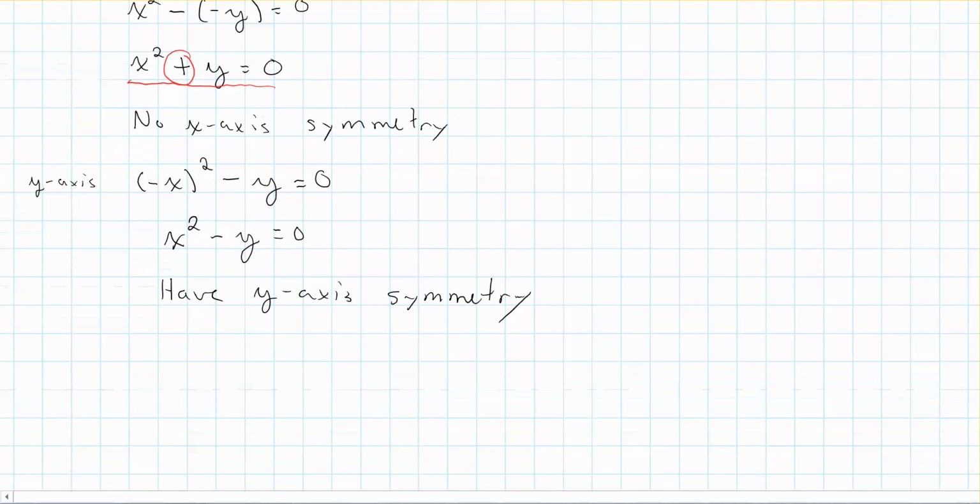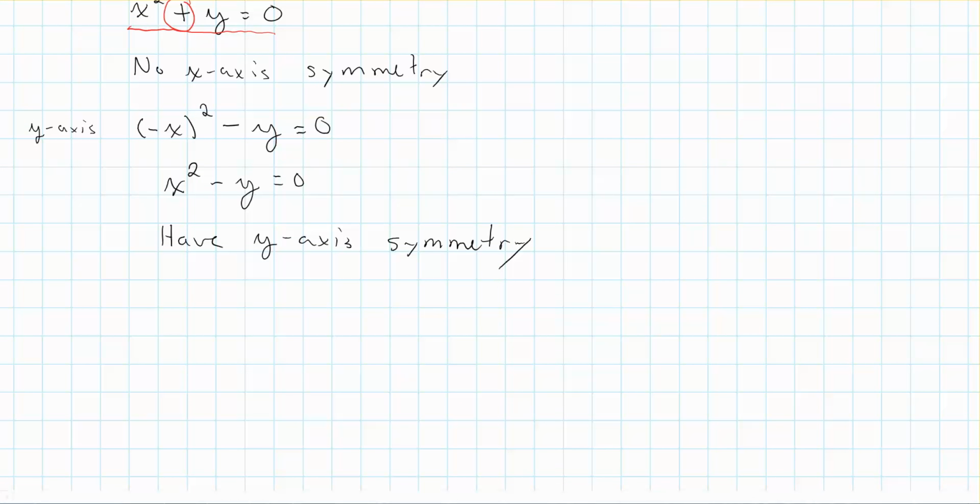And then we have one more test to do, and that's for origin. Well, for origin symmetry, we've got to substitute both negative x in. So I have negative x quantity squared and negative y in.